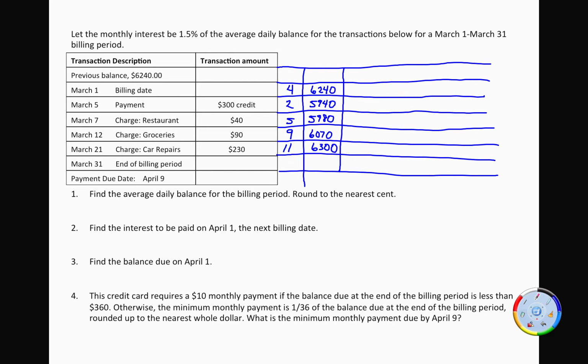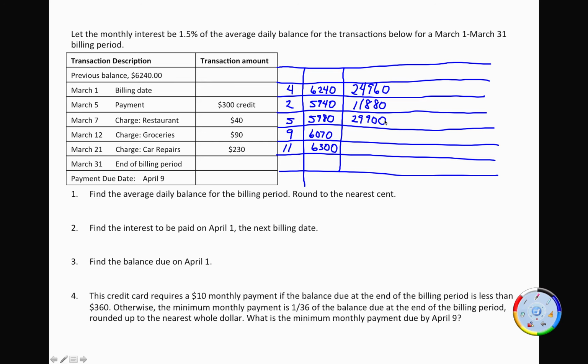So 4 times $62.40 is $24,960. 2 times $59.40 is $11,880. 5 times $59.80 is $29,900.